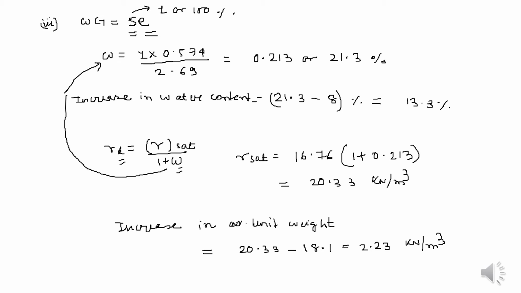These problems can similarly be solved, by recalling the relationships, using the phase diagram to find out the volumetric and the gravimetric composition of the different soil solids, water and air, and writing it appropriately in the block diagram or phase diagram. It will be helpful in giving a diagrammatic view to see how it is getting solved. Okay, so we will solve the same problem once again, but now using the phase diagram.